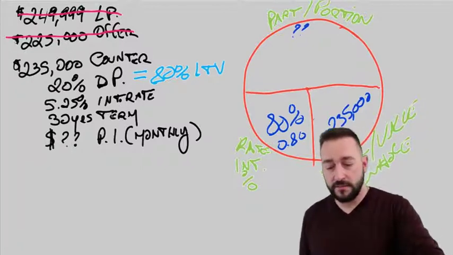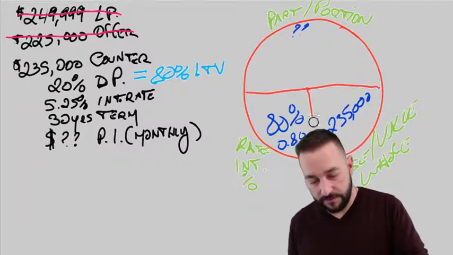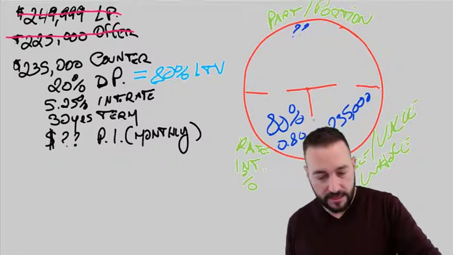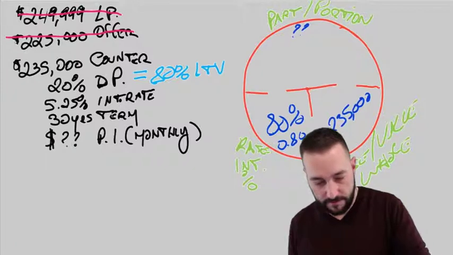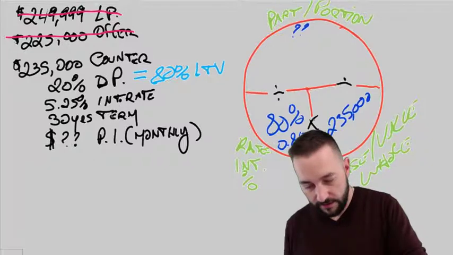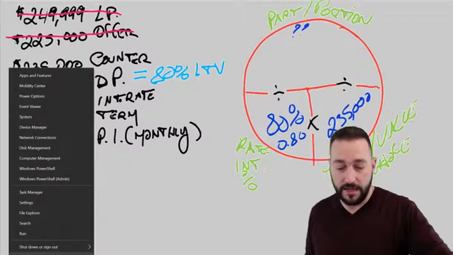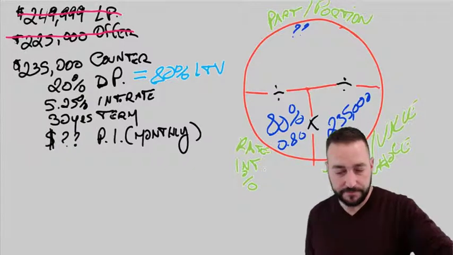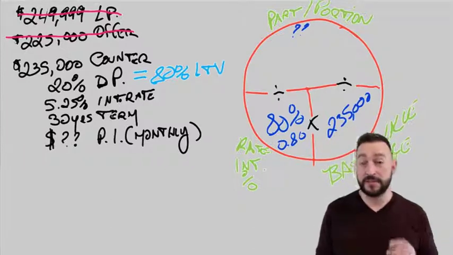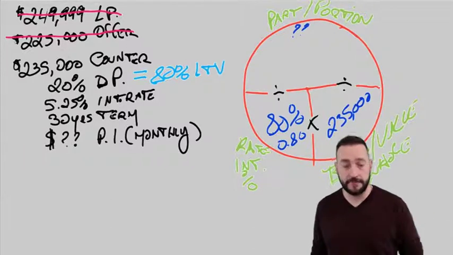So because the numbers are at the bottom of this steering wheel, let me show you this cool trick real quick. If the numbers are at the bottom, we multiply. If the numbers are on top, we divide. But the numbers are at the bottom, and because they're at the bottom, we multiply, okay?